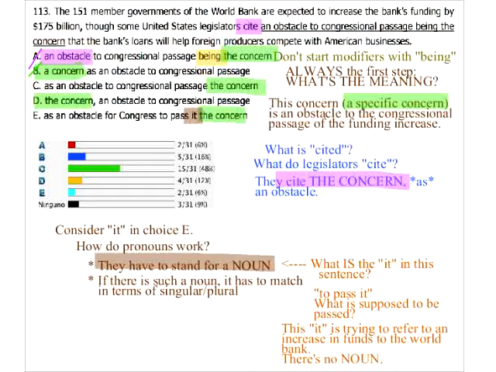This is not a noun up here. To increase, not a noun. So pronouns are supposed to stand for nouns. This one doesn't, so it's incorrect. Again, people's biggest issue with pronouns is they really love to overcomplicate the issue. But if there's not a noun, there's not a noun. And that's kind of the end of the story right there.